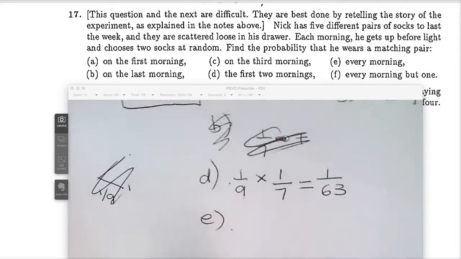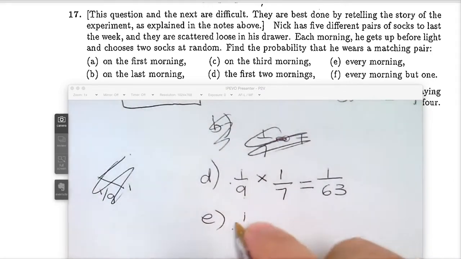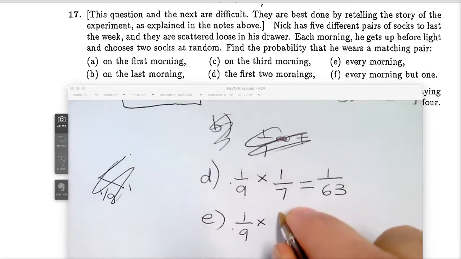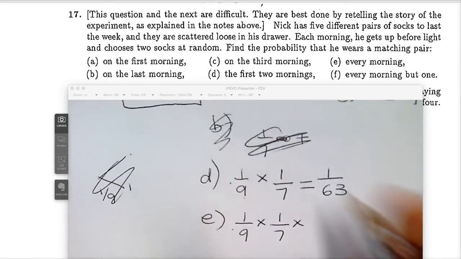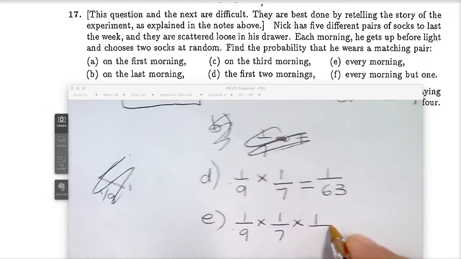Now, girls, the next one. Every morning, the probability that he wears a matching pair. First morning, we said it was 1 on 9. Now that 2 socks are gone and they paired up, then there's 8 socks left. He picks one, doesn't matter which one. There's a 1 in 7 chance that he will pick the matching one. And then now there's 6 socks left. He picks one. He's now got a 1 in 5 chance.